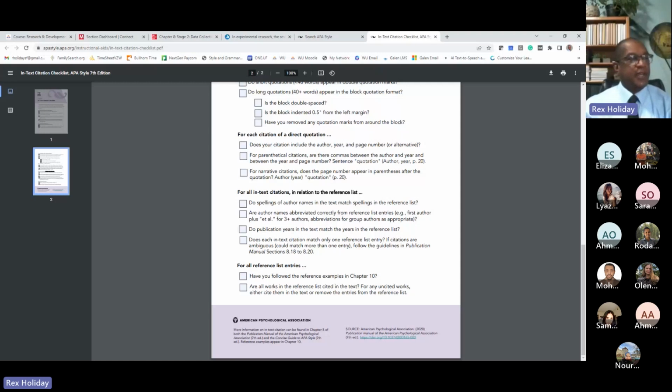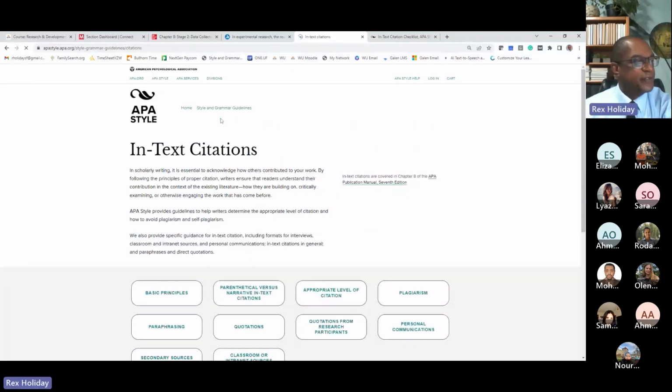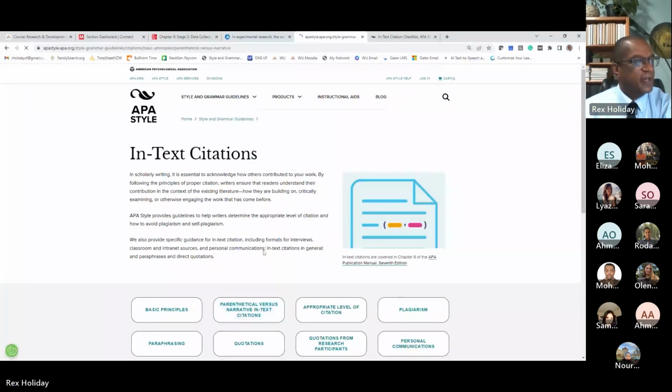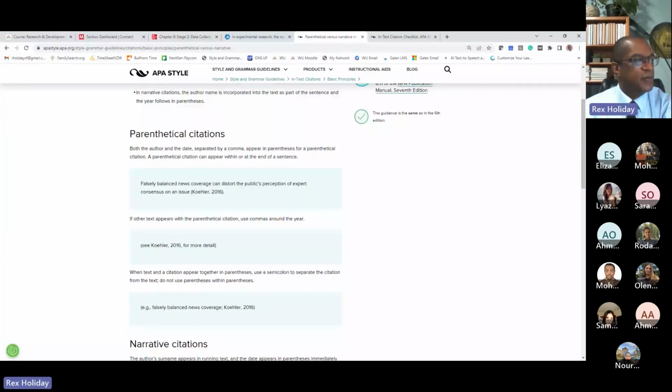So they go hand in hand. If it's in your reference list, it should be cited in your paper. That's what they mean by in the text. It's in your paper. So if you have it listed on your reference page, you should have an in-text citation somewhere in your paper as well. And then we'll go to what some of those look like. Most of you are doing very well on formatting these.